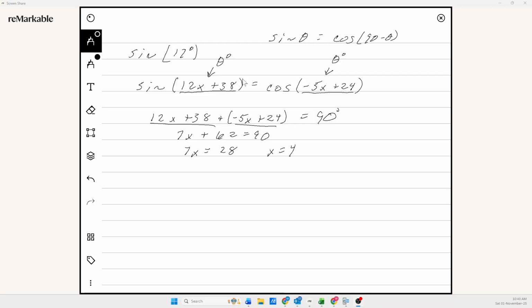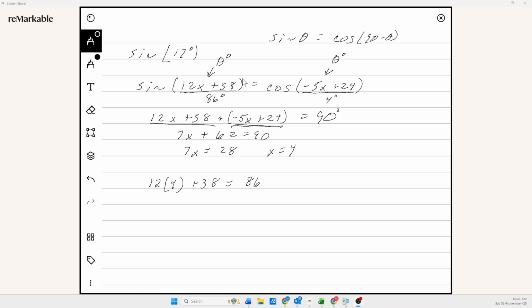So now I can find my two angles. Let's do 12 times 4 plus 38, and that's equal to, let's see, 48 plus 38 is 86. So if this is 86 degrees, this must be 4 degrees.